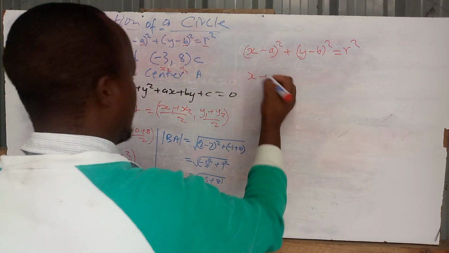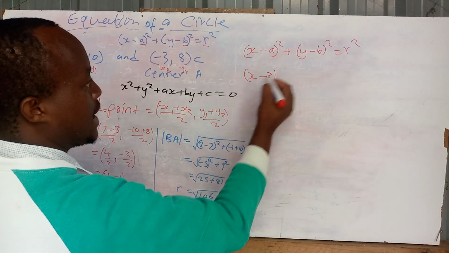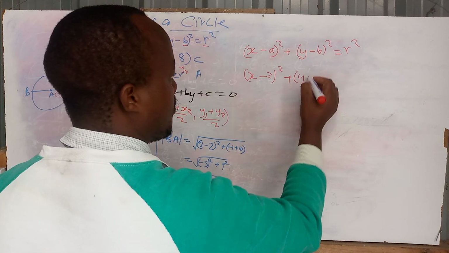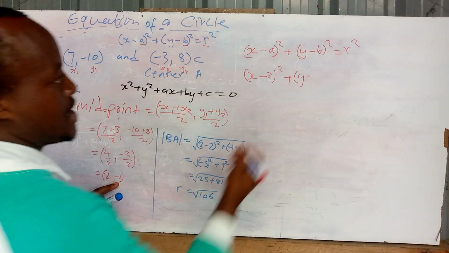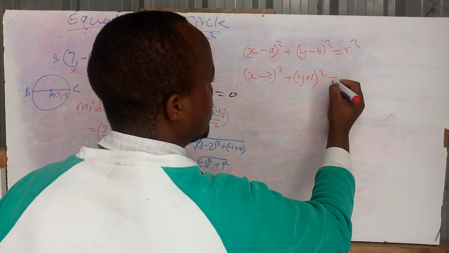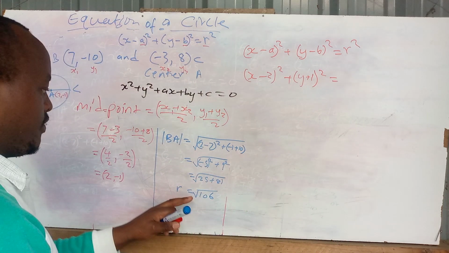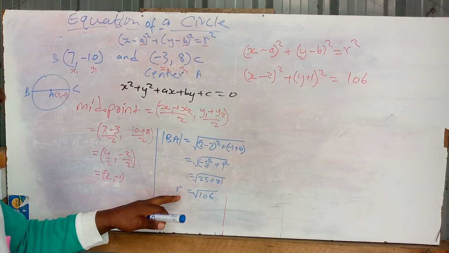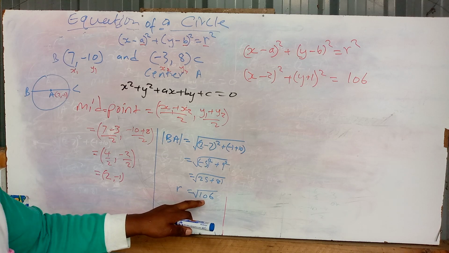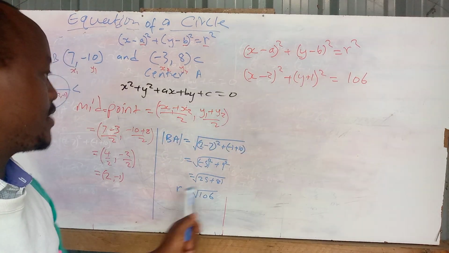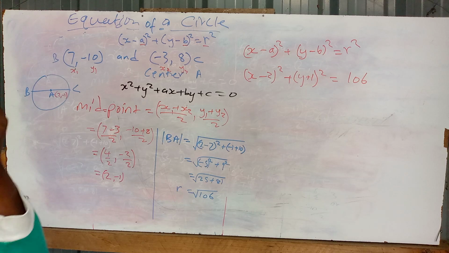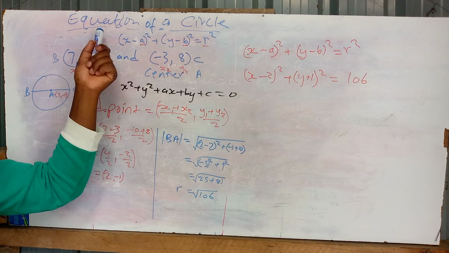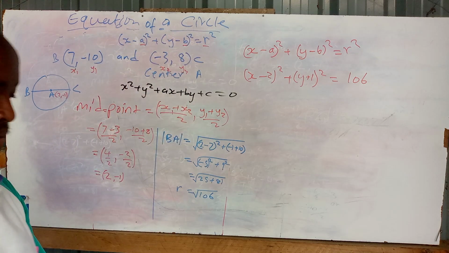So (x minus 2) squared plus (y minus minus 1, that means plus 1) squared is equal to r squared. The square of r will be 106, because r is the square root of 106.